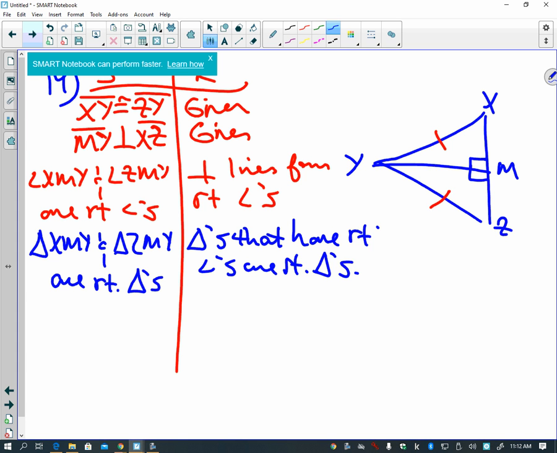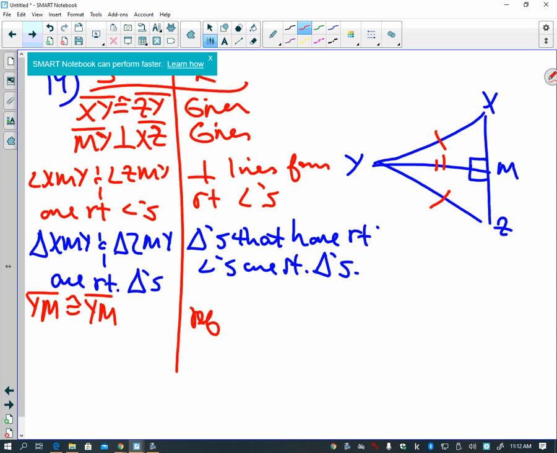Now, if we're going to use right triangle congruency postulates, I need one more thing. It's a really simple thing, but it's not something that everybody sees. And that is that right there. We should be able to say that YM is congruent to YM through what?